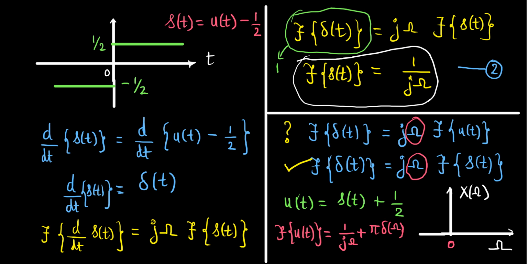So here I'm going to have this impulse function present at omega equals 0, something like this, whose area is pi.